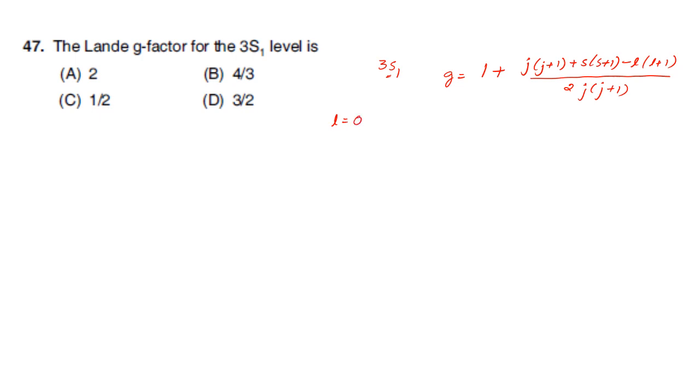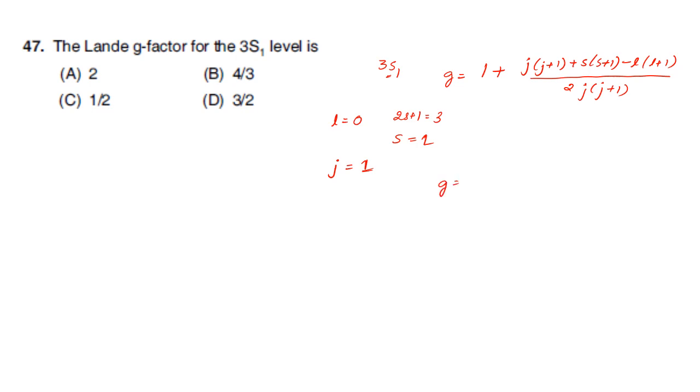Then 2S plus 1 is 3, which means S is 1. The value of J is also 1, because it is L plus S or L minus S.